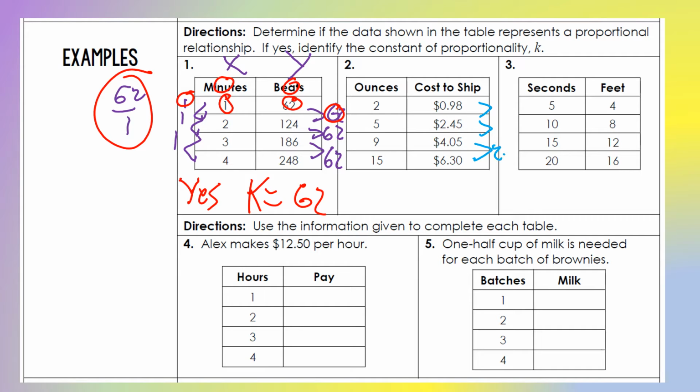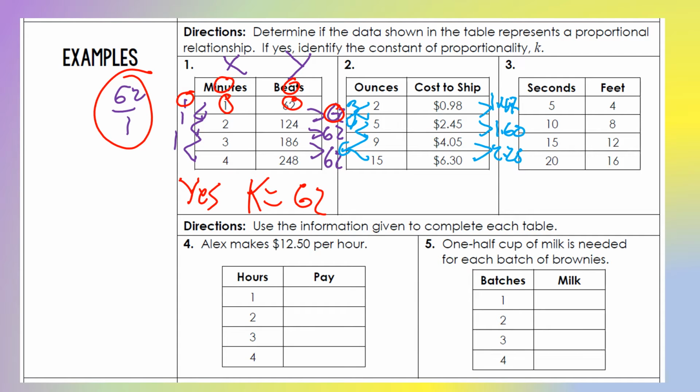All of these are very, very different, which is normally a sign that it will not be proportional. But let's double check to make sure. On my calculator, I'm going to pick any of these.